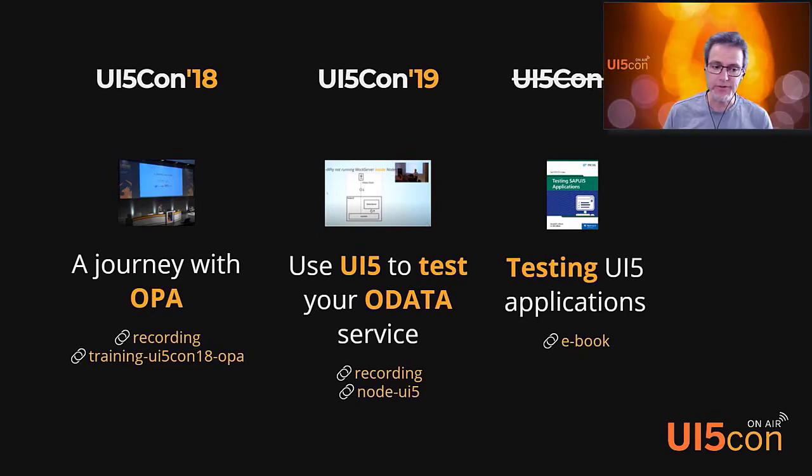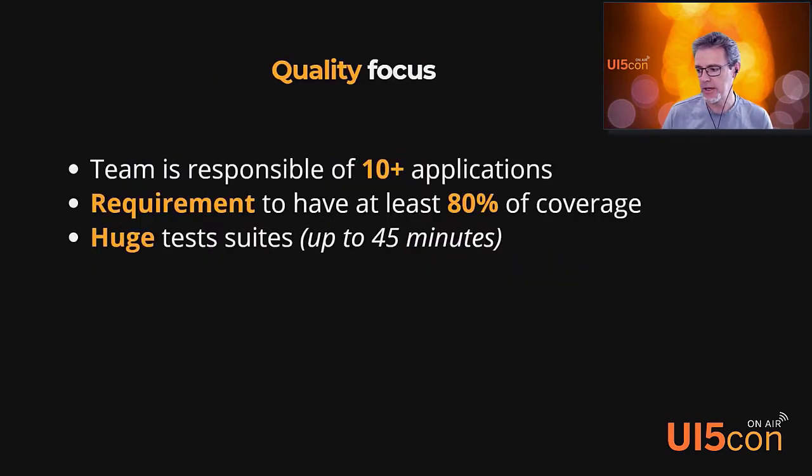The year after, last year, COVID occurred, and I didn't go to UI5Con, but with a colleague of mine, we wrote a book called Testing UI5 Application, which more or less summarizes everything about OPA and QUnit testing inside the applications. So I guess you get the main idea here.